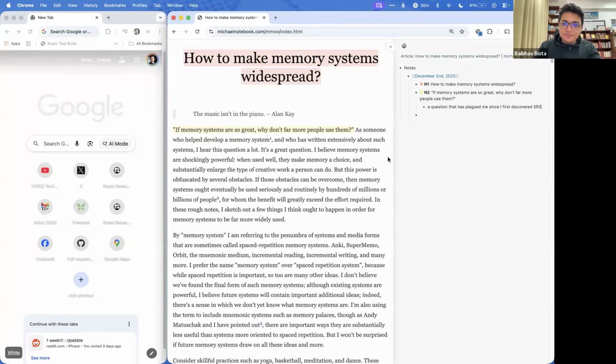It's a great system, shockingly powerful. I love this framing. I've always loved this framing. So let's tag it with, and they make memory a choice. Making memory a choice is such a good framing, maybe I want to reinforce that to myself by saying SRS makes memory a choice.